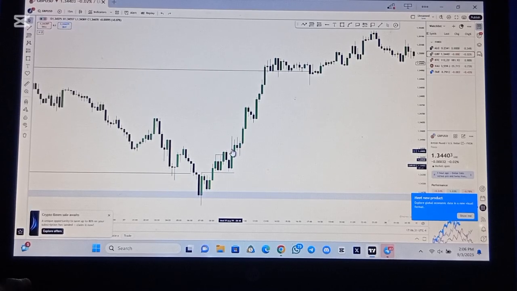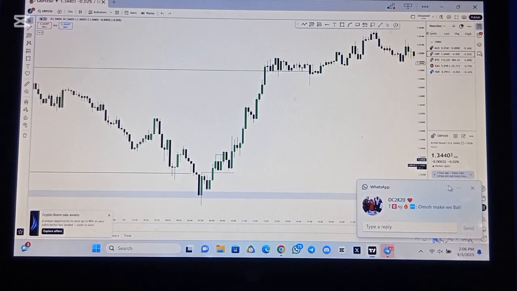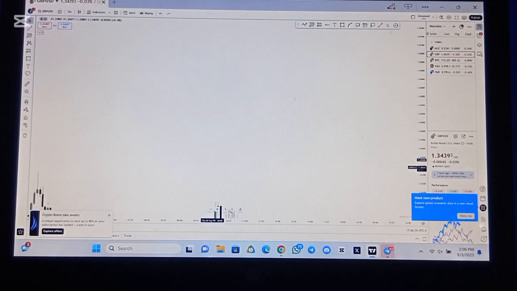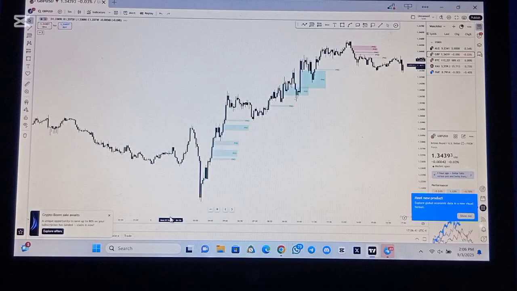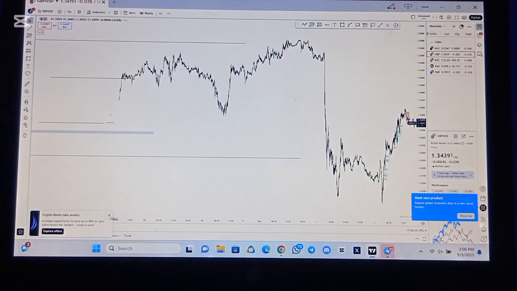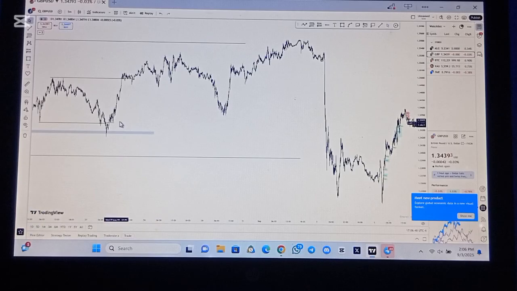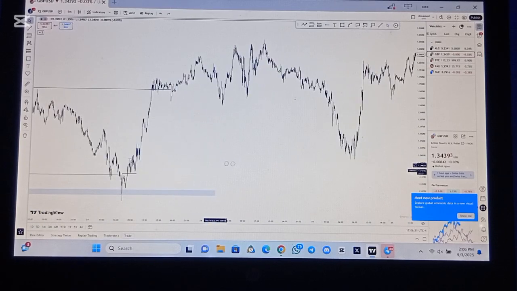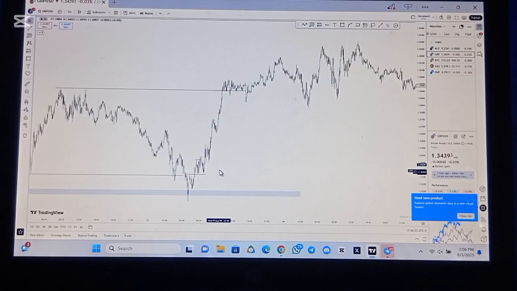I'll have to go to the lower time frame to check it out. Alright, let's go to 5 minutes to check it out. You can see the fair value gap has been outlined there. For the 5 minutes, let's see, because sometimes the fair value gap doesn't just occur in the 15 minutes time frame.